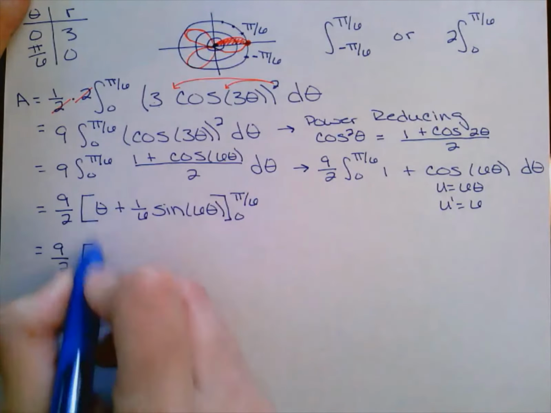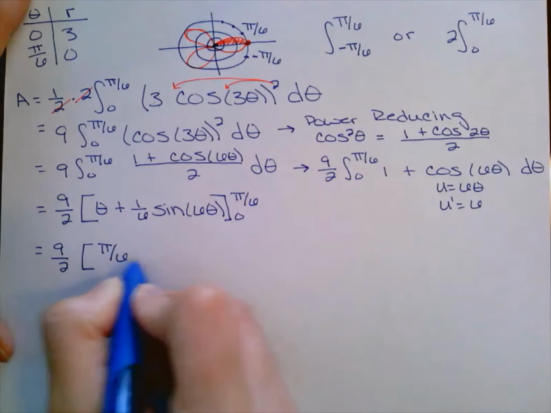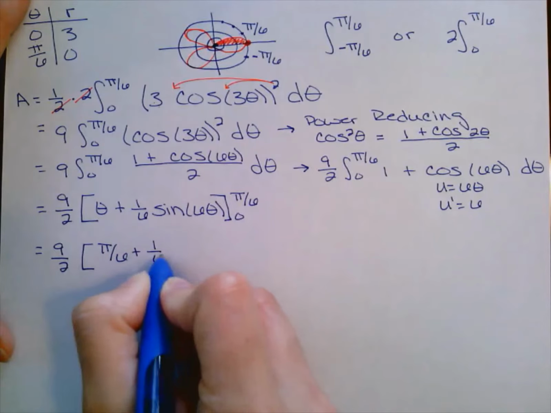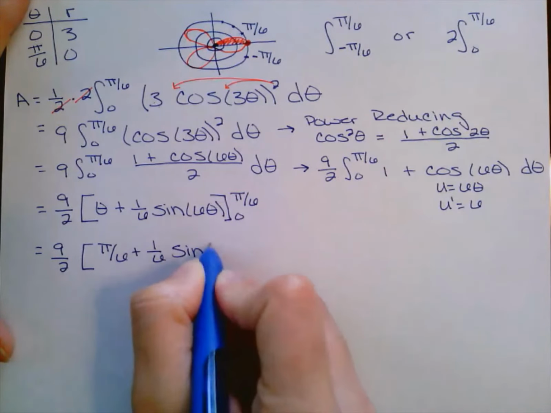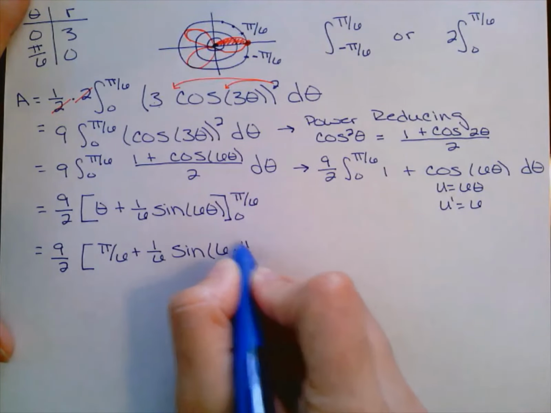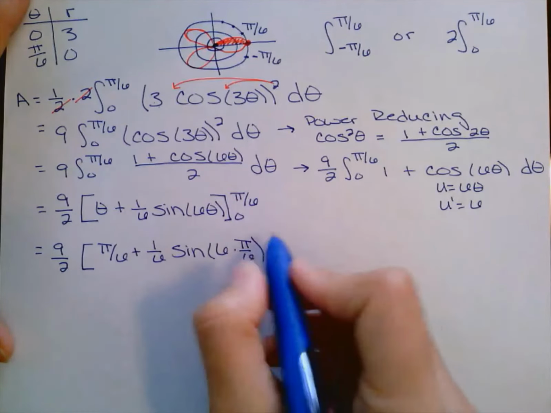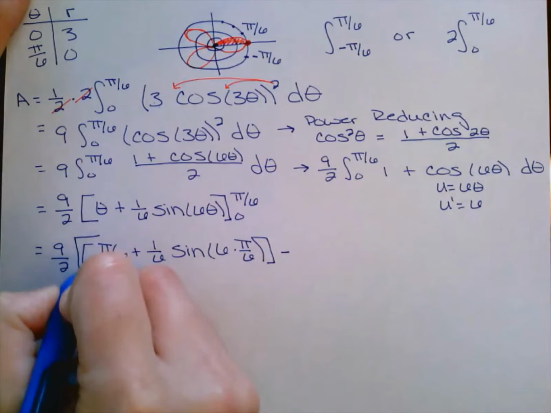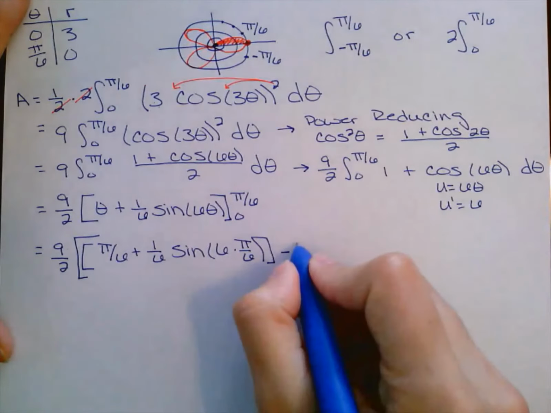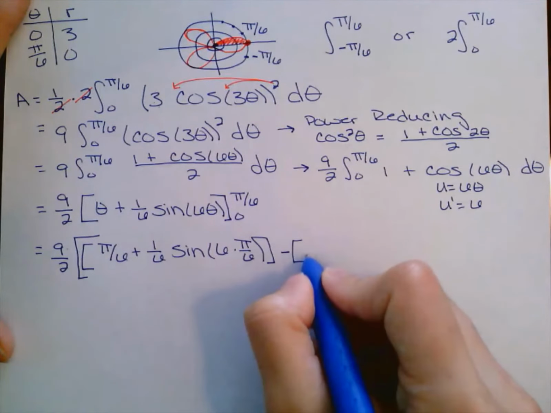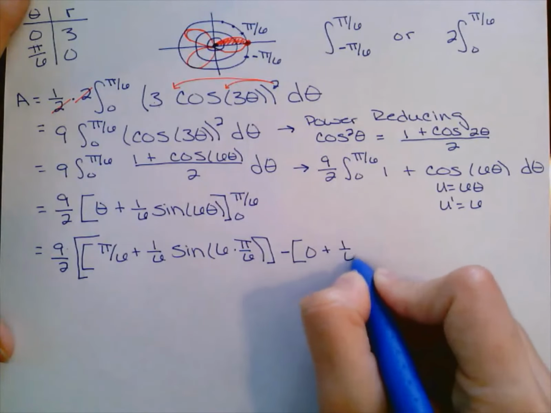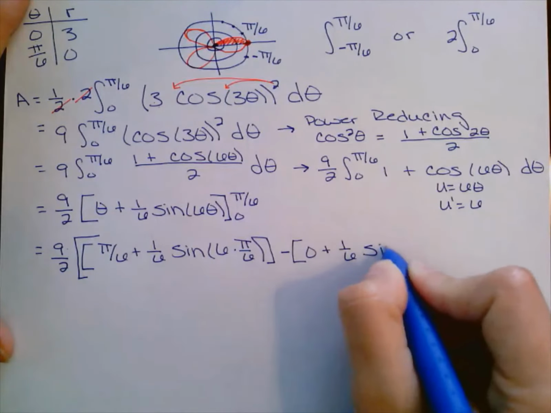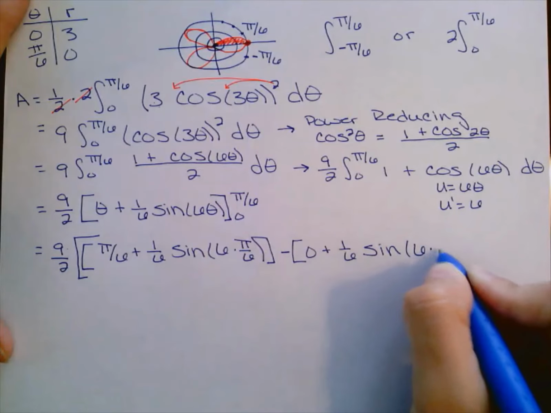So I'm plugging this into my theta. I have pi over 6 plus 1 over 6 sine of 6 times pi over 6 minus, I'm going to put a bigger bracket, make sure that coefficient belongs to both. 0 plus 1 over 6 times sine of 6 times 0.